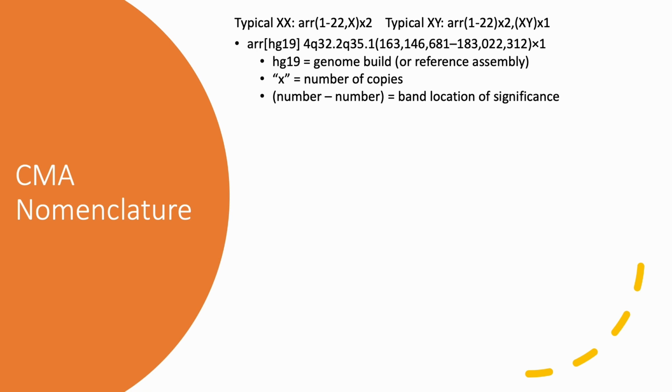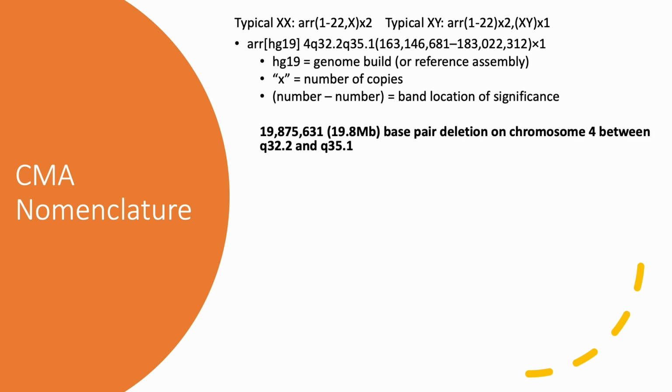For example, the notation 4q32.2q35.1, in parentheses 163,146,681 to 183,022,312, times 1 indicates a 19.8 megabase deletion on chromosome 4 between bands q32.2 and q35.1.